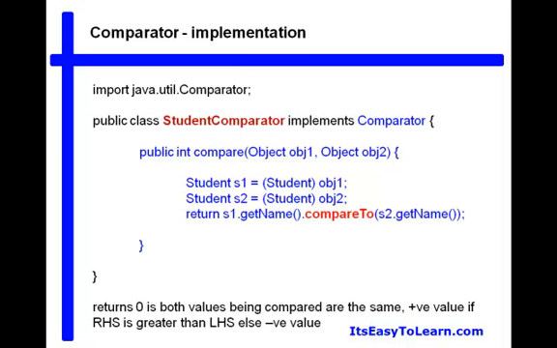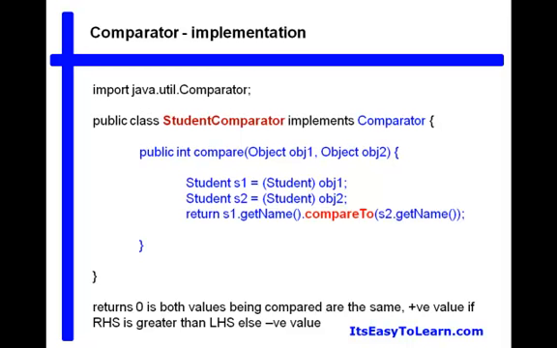What we do here is we use the names on the objects. Since we are comparing students, we are going to get the name of the first student and compareTo the name of the second student using the default compareTo method available in the JDK library. This method returns 0 if both values being compared are the same, a positive value if the left hand side is greater than the right hand side, else it returns a negative value.